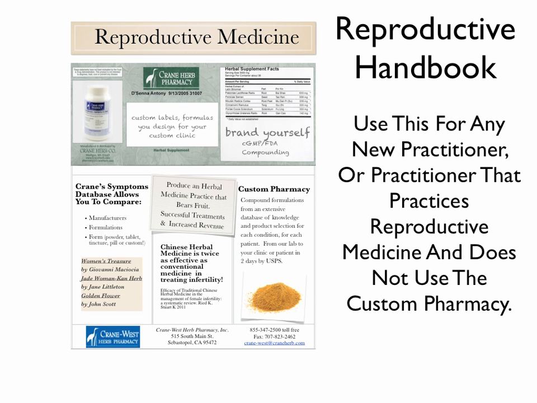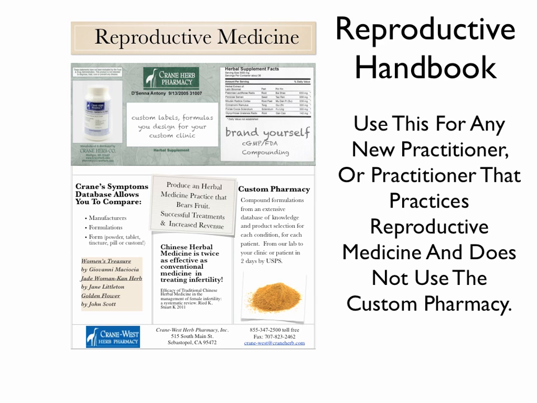The next piece is the reproductive handbook. The reproductive handbook is very much exactly like the custom handbook, but it's just more geared towards the reproductive practitioner, because we do have people who are specializing, so I'll get another piece that's similar to this for some other specialties as well. But this one just really helps people recognize that we carry a number of different lines for reproductive medicine, and reproductive medicine tends to be one of the styles of medicine that requires a lot more customization.